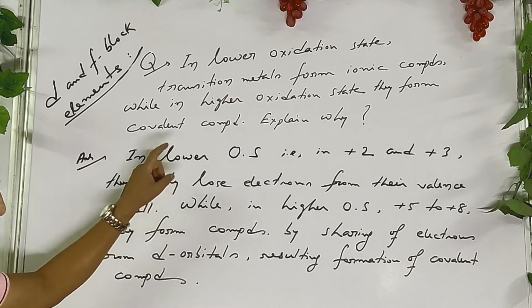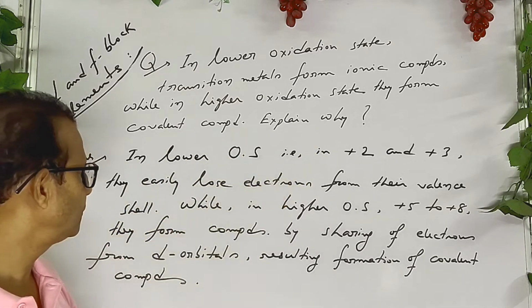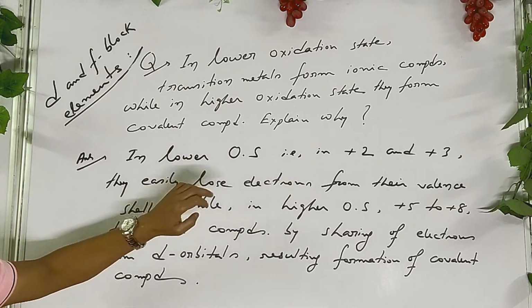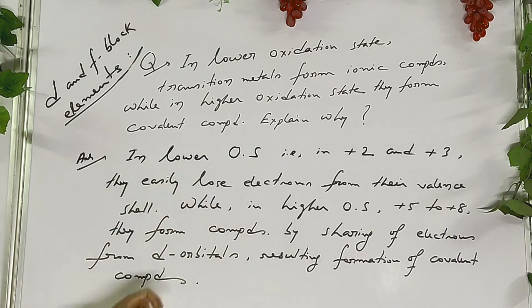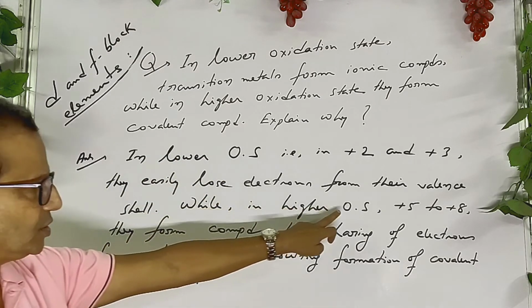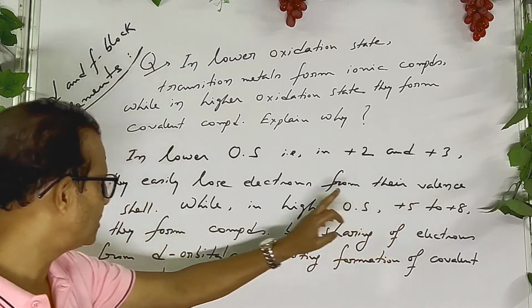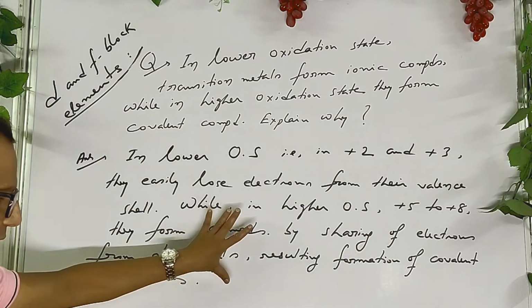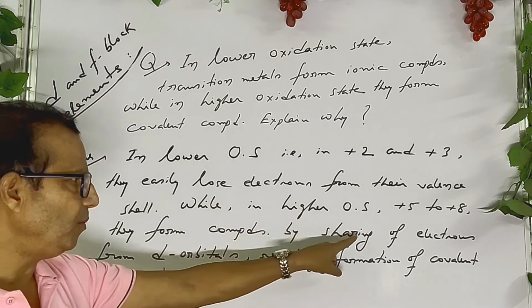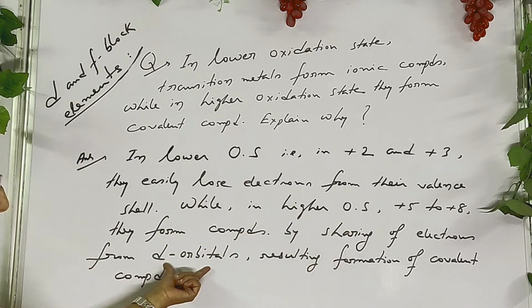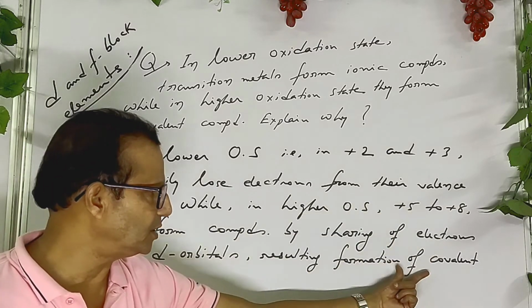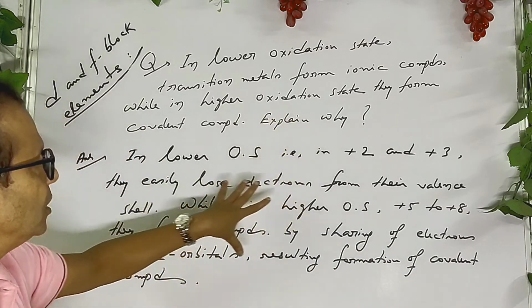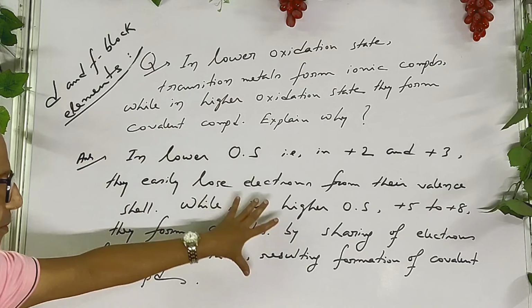That's why they prefer to lose electrons, and thus they form ionic compounds in their lower oxidation states. While in higher oxidation state, that is +5 to +8, they prefer sharing of electrons from their d orbitals. That's why the compounds of higher oxidation states are covalent in nature. Okay, so if this question will come, write up to this only.